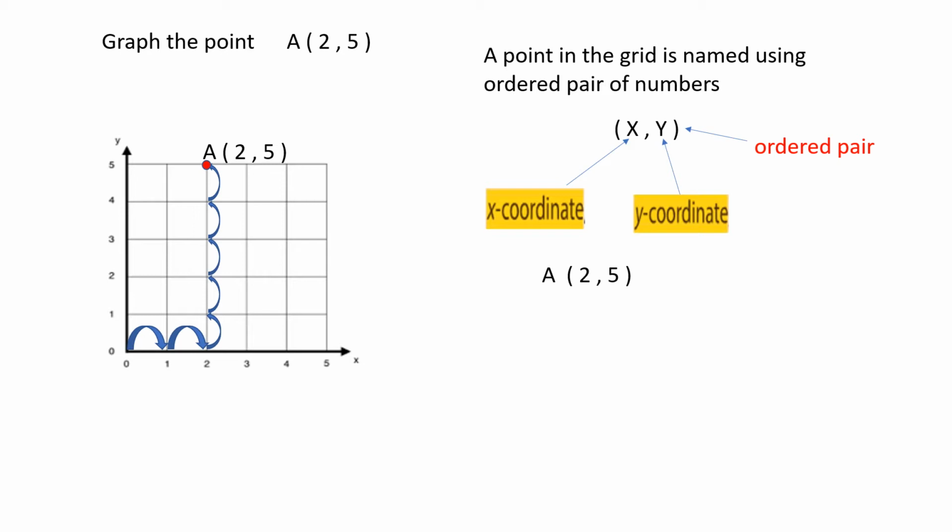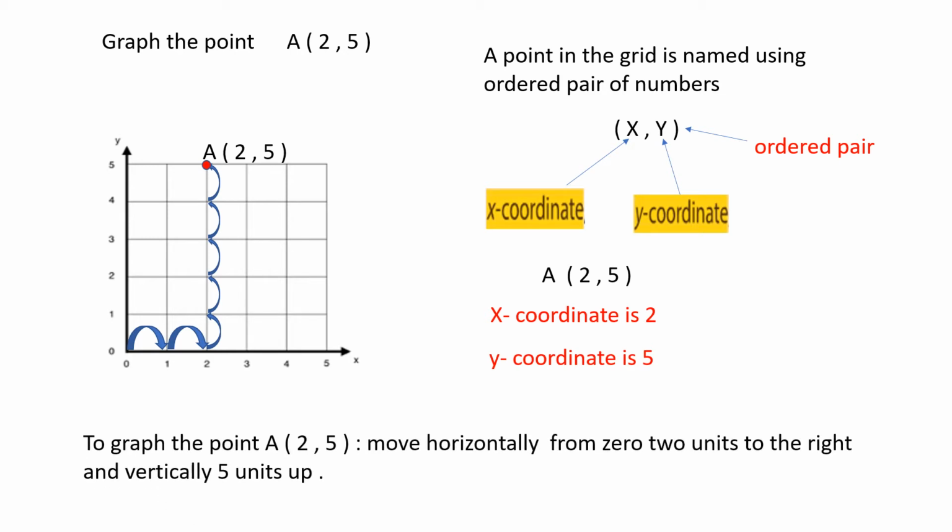So again, how to graph any point on the coordinate grid, like point (2, 5): you move horizontally from 0, 2 units to the right, then vertically 5 units up.